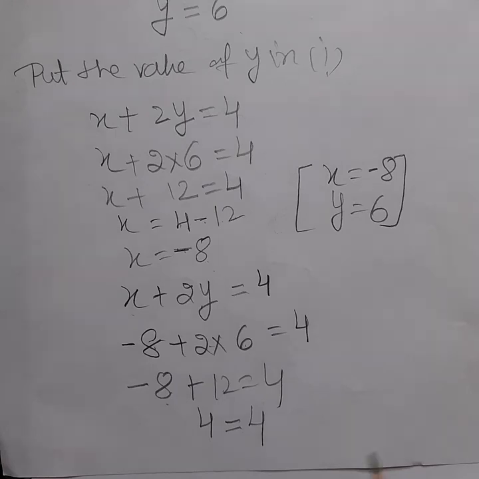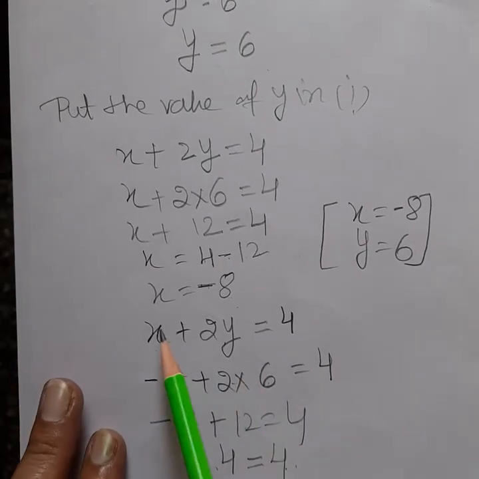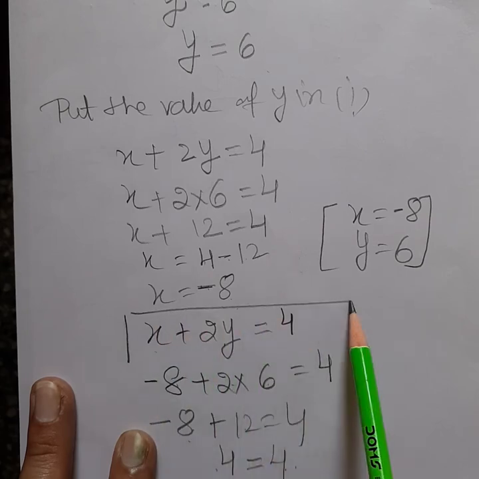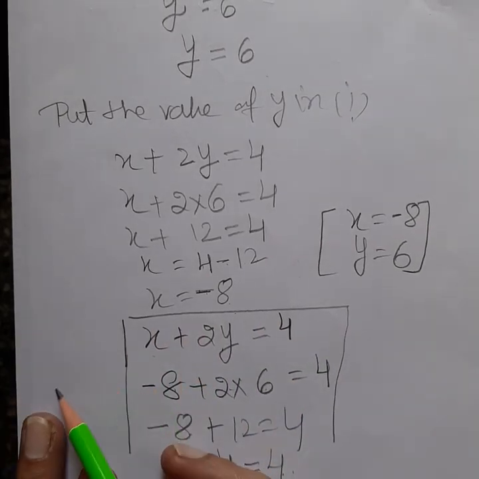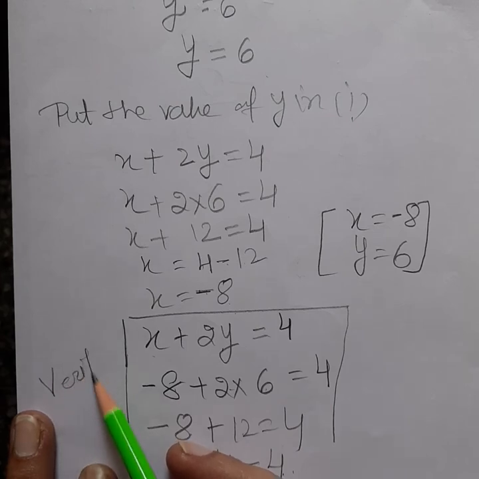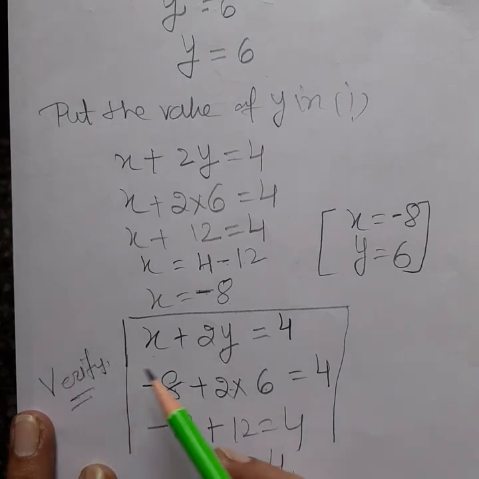Okay, now if our left hand side is equal to our right hand side, it means that our answer is absolutely right, and in this way we can check our answer. Okay, you can write it as verification of your question.